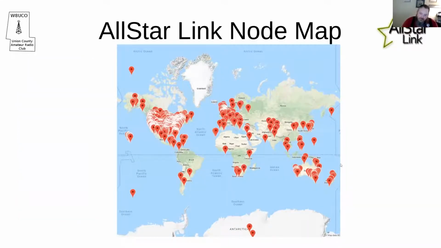This is a map of the Allstar Link nodes. As you can see, there's quite a few of them. And this can be found on the Allstar Link website. And this is the Allstar network bubble chart, which if you look real close, you can see there's a lot of nodes connected to other nodes.